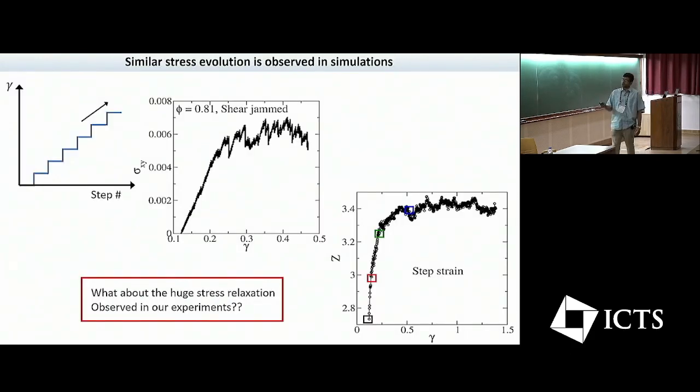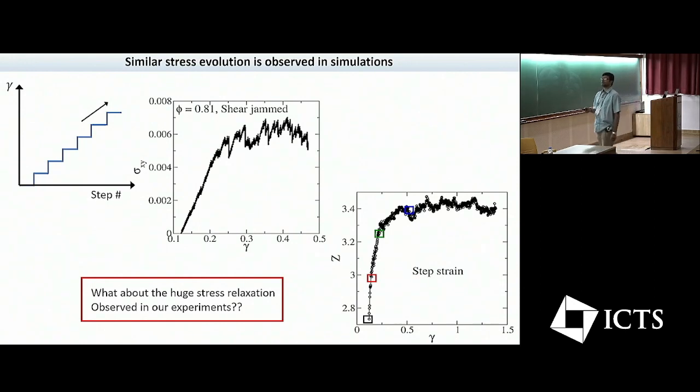Now, what she did is apply multiple steps, and each peak stress is shown by a point. You see there is indeed an increasing peak stress and then it saturates. I didn't discuss this saturation experimentally, but if you do this for a large number of steps, indeed it saturates. Then we can also measure the average contact number between the particles.